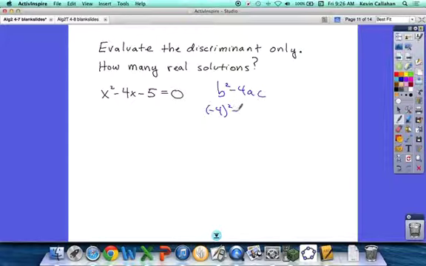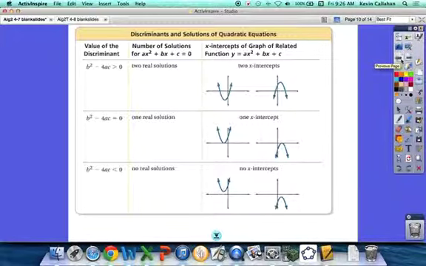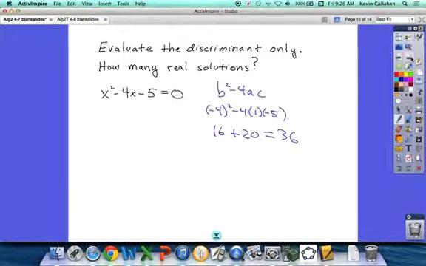Negative 4 squared minus 4 times 1 times negative 5. 16 plus 20 equals 36. So the evaluate the discriminant part, 36. That's your answer. Okay, the part that says how many real solutions is where you take that number and you go back to the table. 36 is greater than 0. How many real solutions? 2. Right, simple.